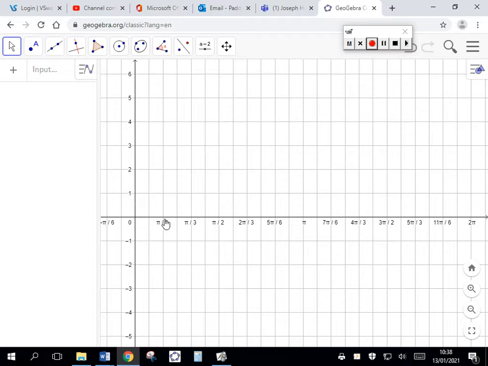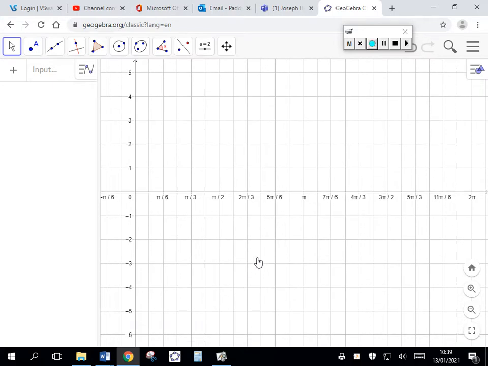Special angles in there: pi over 6, pi over 4, pi over 3, pi over 2, 2 pi over 3, 3 pi over 4, 5 pi over 6, etc. Or in degrees, 30, 45, 60, skip, 90, skip, 120, 135, 150, skip, 180, etc. Okay, so that's the first thing. That's my x-axis sorted out. I'm happy with that.